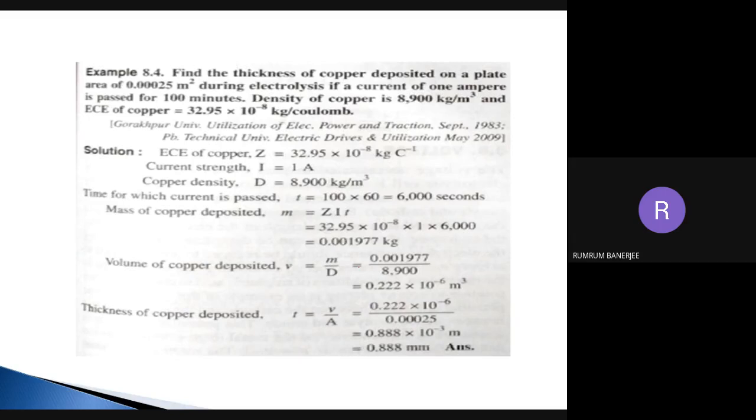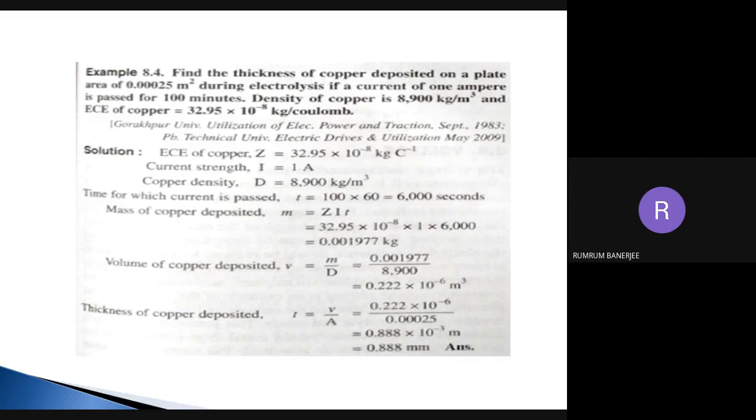For the solution, ECE of copper, current I, and copper density D are given. The time, 100 minutes, we have converted to seconds.